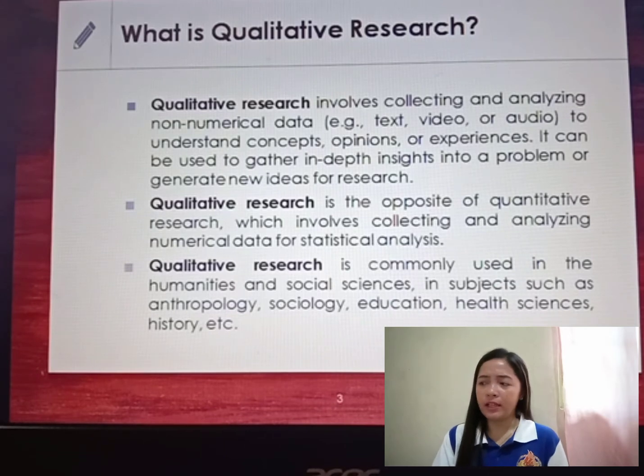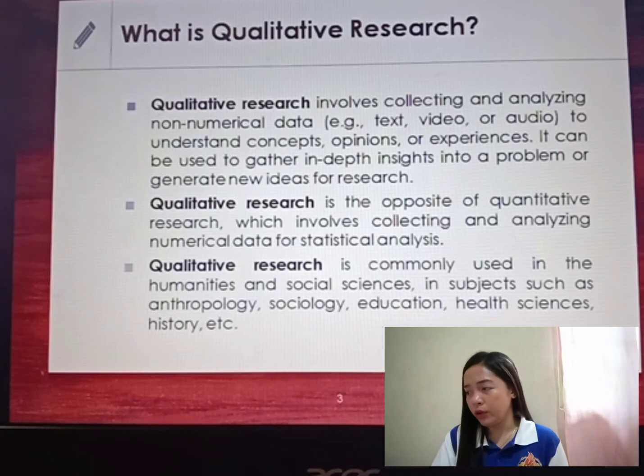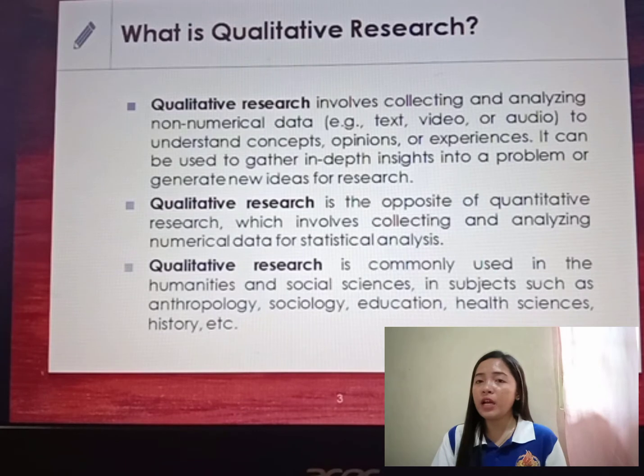What is qualitative research? Qualitative research involves collecting and analyzing non-numerical data such as text, video, audio, to understand concepts, opinions, or experiences. It can be used to gather in-depth insights into a problem or generate new ideas for research.